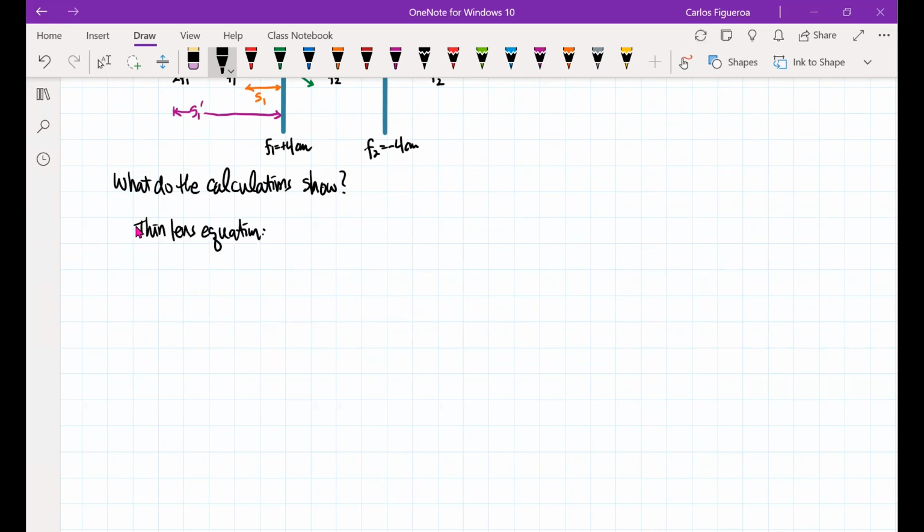The thin lens equation tells me that 1 over F1 is 1 over S1 plus 1 over S1 prime. So if I solve for S1 prime, this will be S1 times F1 over S1 minus F1.